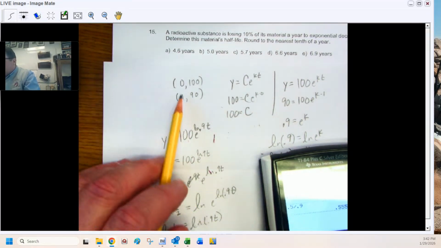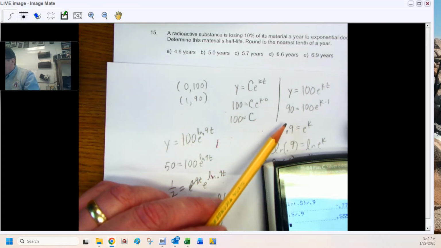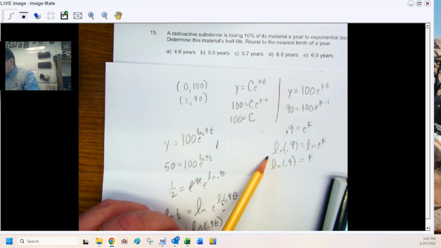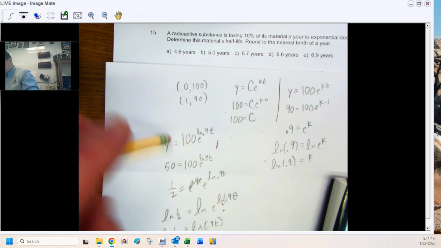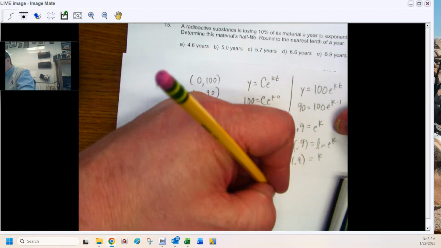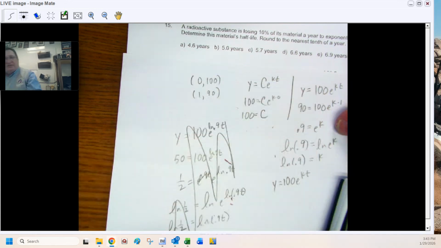At time 0, we got 100. Then 0.9 equals e^k, ln both sides, so k is ln 0.9. And so y equals 100e^(kt).